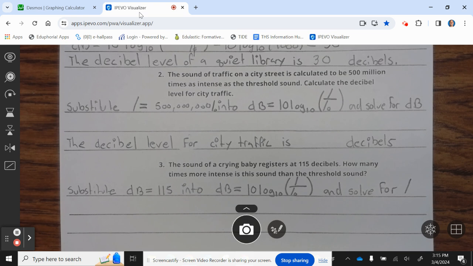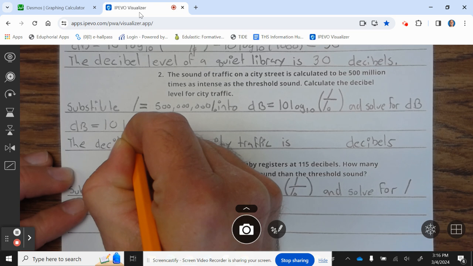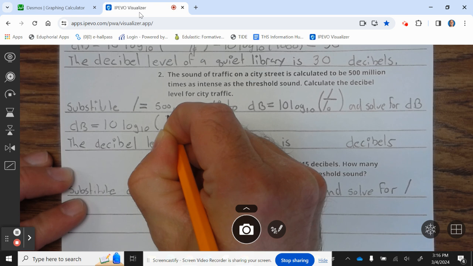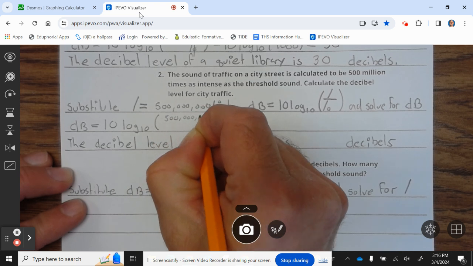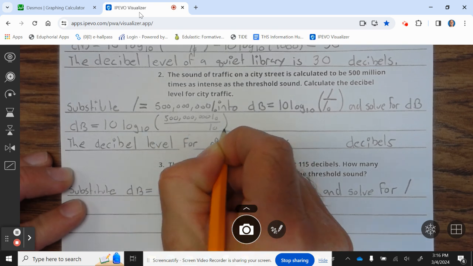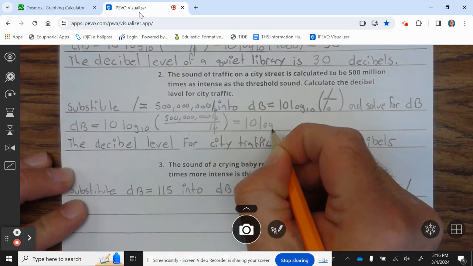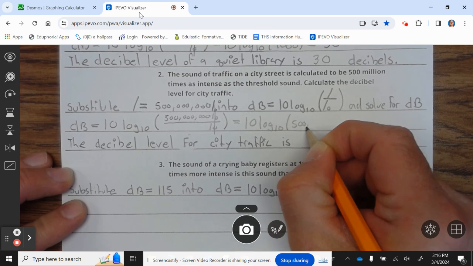The sound of traffic on a city street is calculated to be 500 million times as intense as the threshold sound. Calculate the decibel level for the city traffic. Substitute L equals 500 million L0 into dB equals 10 times log base 10 of L divided by L0 and solve for dB. So dB equals 10 log base 10 of 500 million L0 divided by L0. Well, L0 divided by L0 is 1, so then that becomes 10 log base 10 of 500 million.